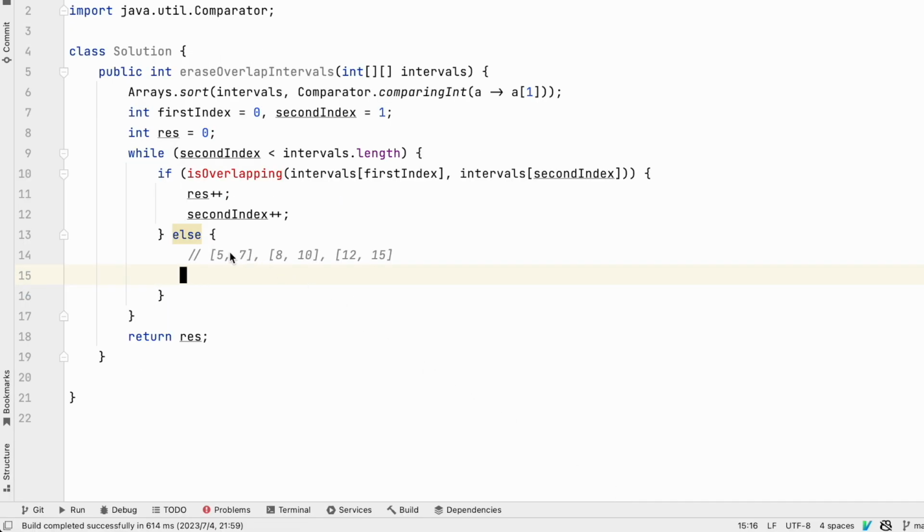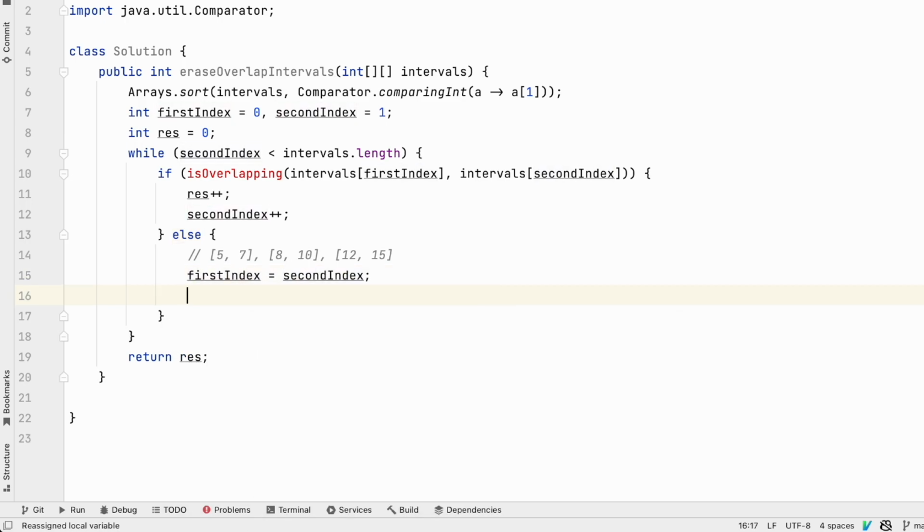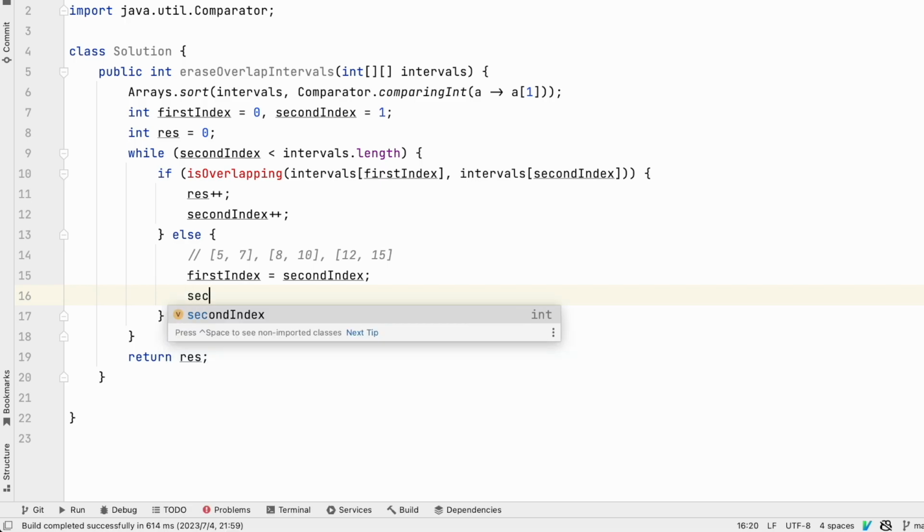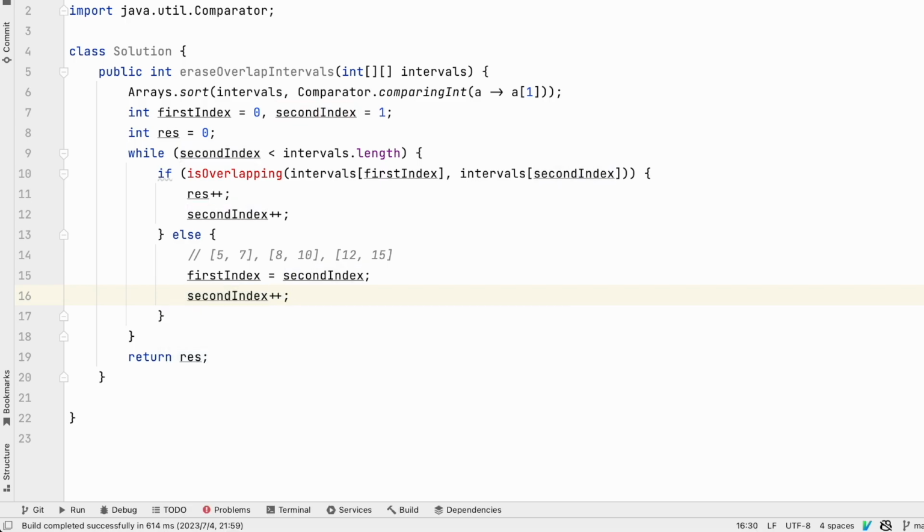Since 5, 7 and 8, 10 are not overlapping, we will compare the next pair of intervals in the next iteration, which are 8, 10 and 12, 15. That means we need to assign the current second index to first index. And we also need to increase second index by 1, so that we can continue to compare the next two intervals in the next iteration.